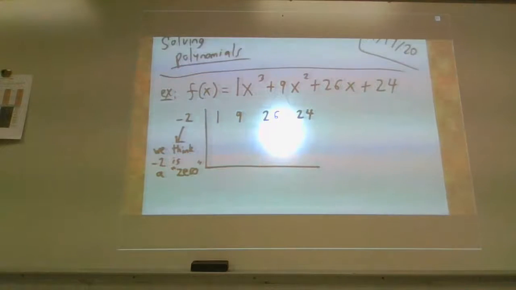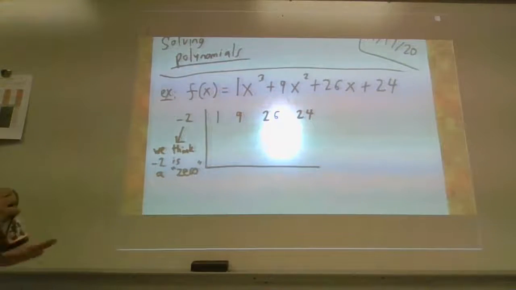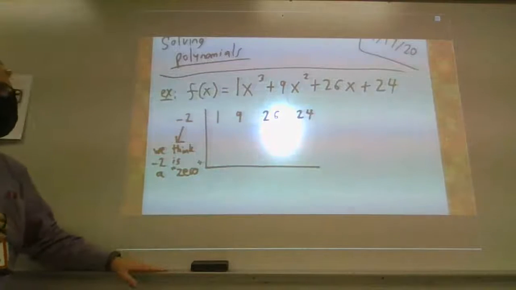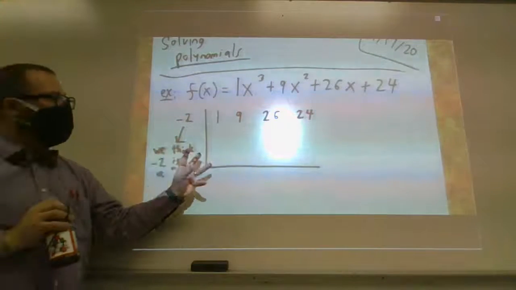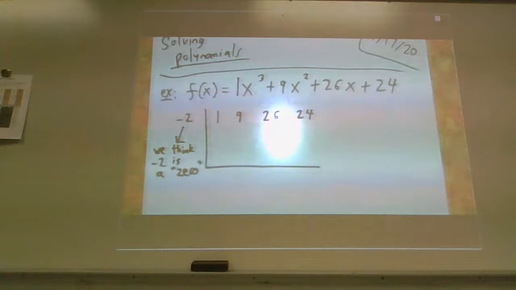Now, I want to remind you as to how this bar works. Some of you already know how this bar works, and some of you could probably run through this entire synthetic bar right now. Good for you. Great. But for those that don't, let me walk you through it. This bar is performed with repeated addition and multiplication.